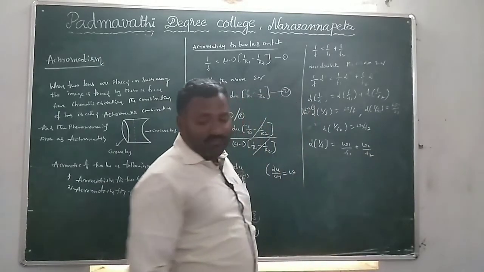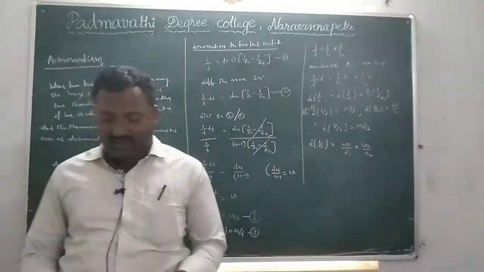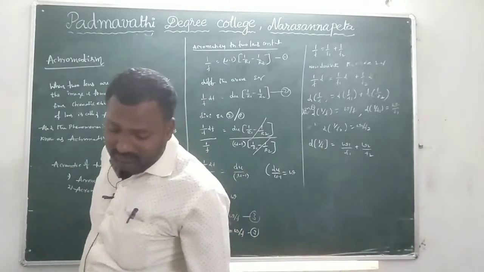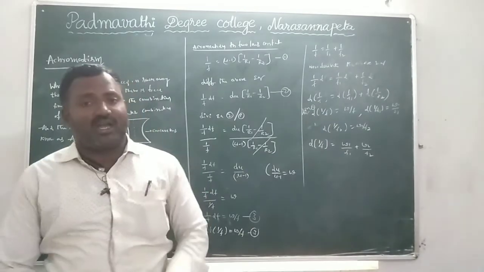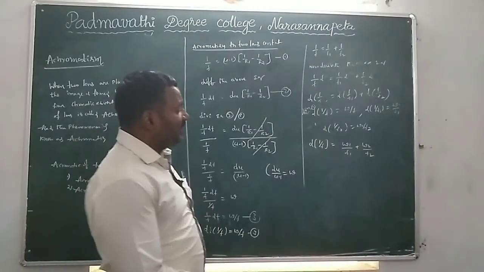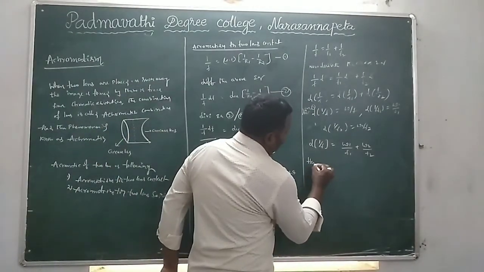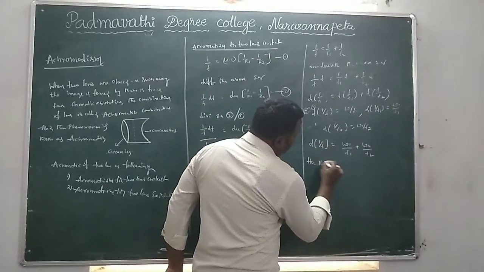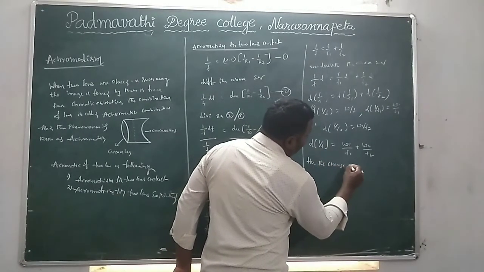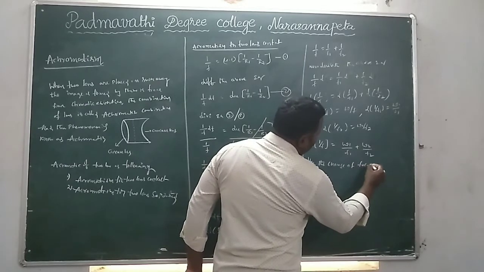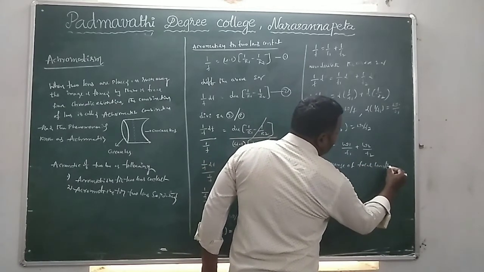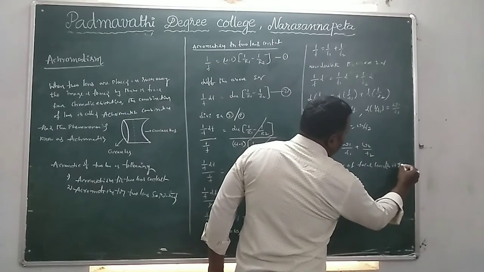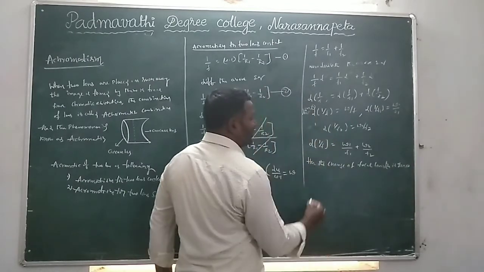Here, if f is the focal length of the achromatic doublet, the change of focal length is 0.